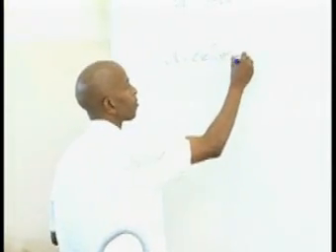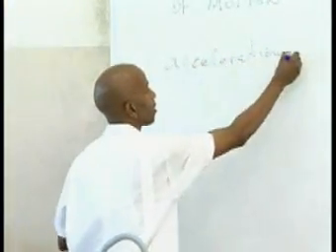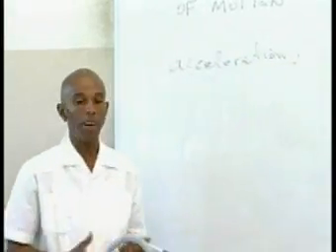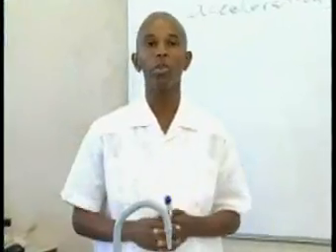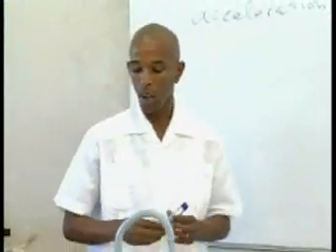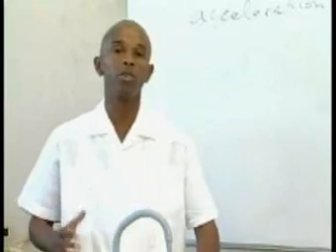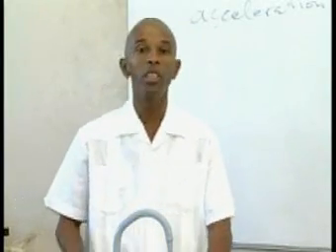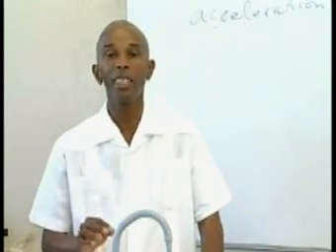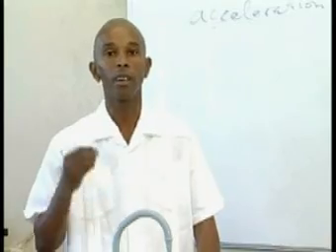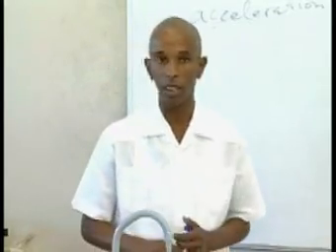Acceleration. If an object's velocity changes in either magnitude or direction, you know that something caused it to change. That which caused it to change is what we're going to learn in this class. But the mere fact that the velocity changes means that you have what is known as acceleration.